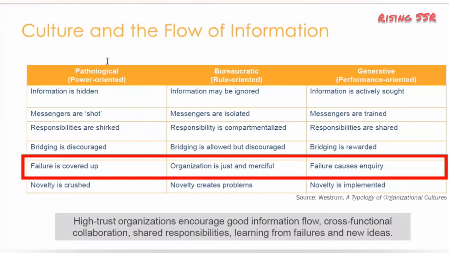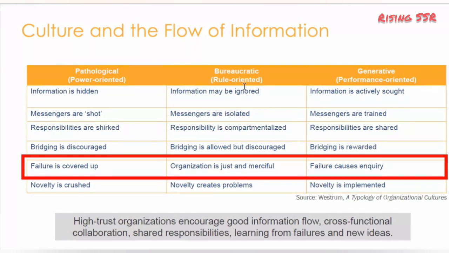Now, this is a very important model. I think some of you may have read it. This is called the Westrum model. According to Westrum, there are three different flavors of organization, right? Pathological, bureaucratic, and generative. Pathological is basically a power centered organization wherein everything is bureaucratic.